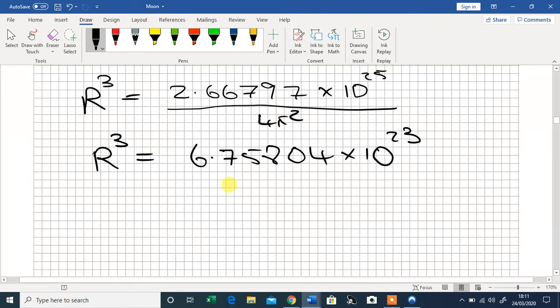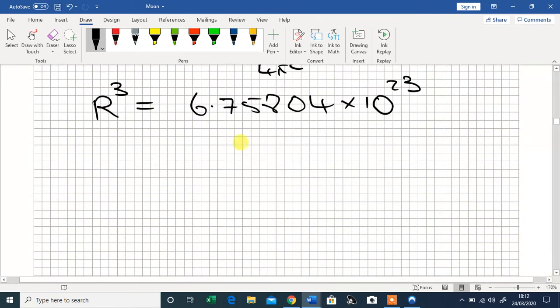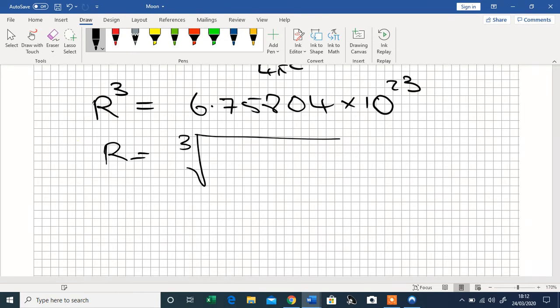Now it's quite simple to find the radius of the orbit of the satellite from the center of the moon. We take the cube root of both sides, like I showed in the previous video. I'll just do it again for your benefit if you haven't seen the previous video.